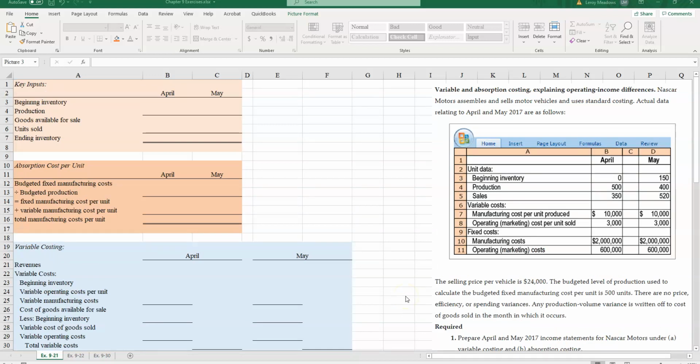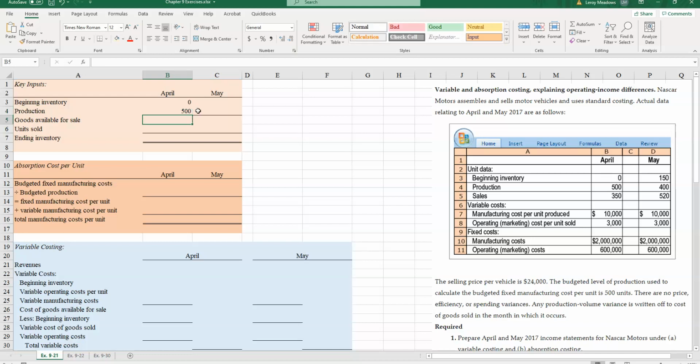The first thing we want to do is take a look at our key inputs and see how many units we're going to have in beginning inventory, production, and so forth. Our beginning inventory: we have no beginning inventory for April and 150 units for May. For April, we are budgeting 500 units for production.